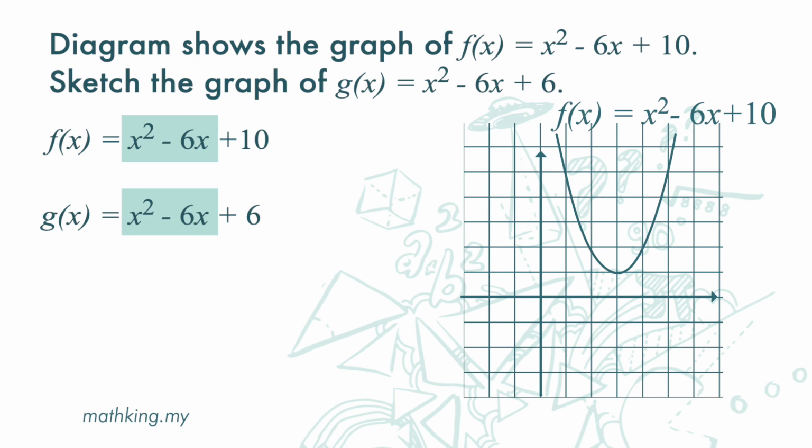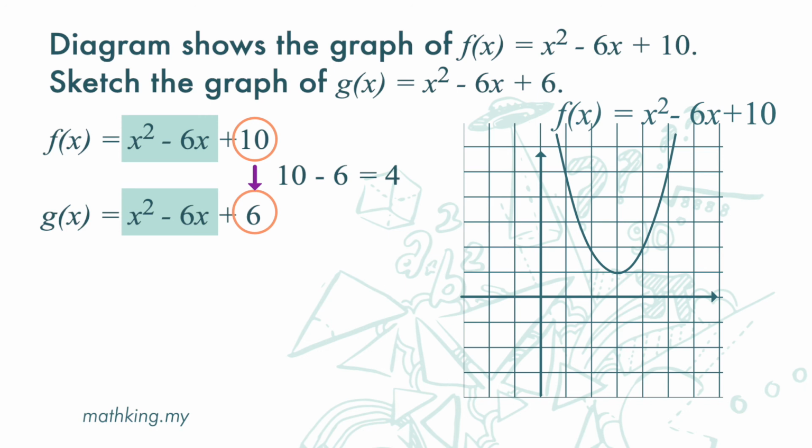The only difference is here. From f(x) to g(x), the value is reduced by 10 minus 6, which is 4. So every point on the graph of f(x) is going to be reduced by 4.